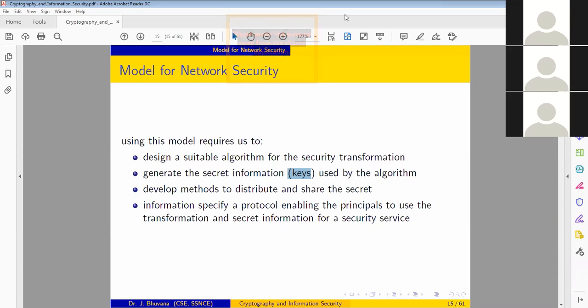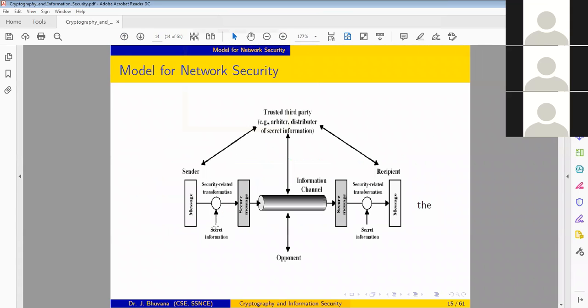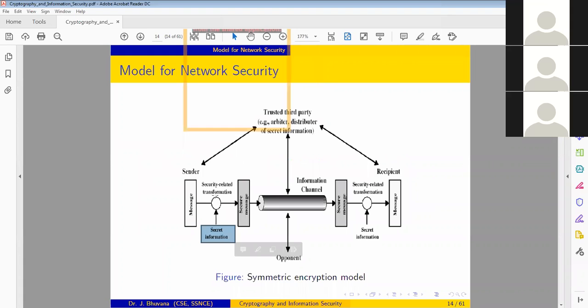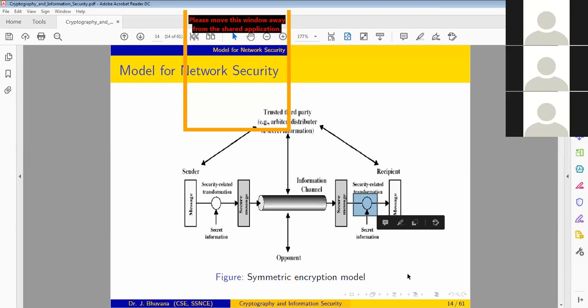In the same way, if we use additional information, called a key or secret information, to apply the transformation that secures a message, the same thing needs to be shared with the recipient also, so that using the same secret information, the other end will do the reverse of the transformation, open the security layer over the message and get back the original message.